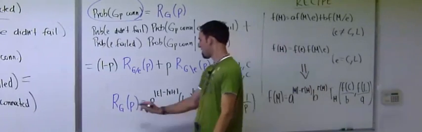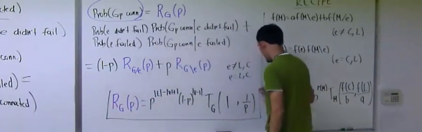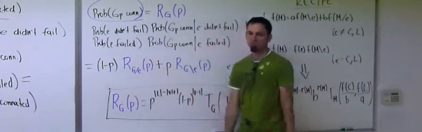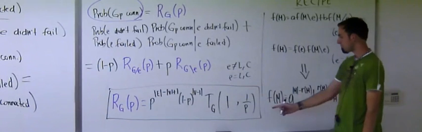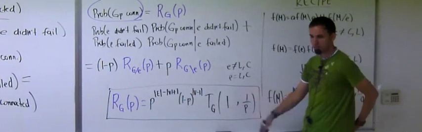So this is my reliability polynomial. This is what I'm going to call it now. I called it reliability function, but it's a polynomial.